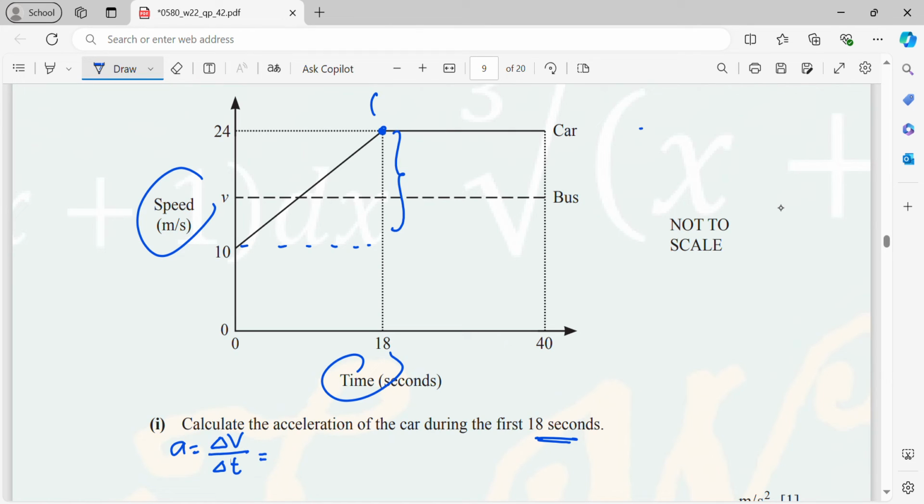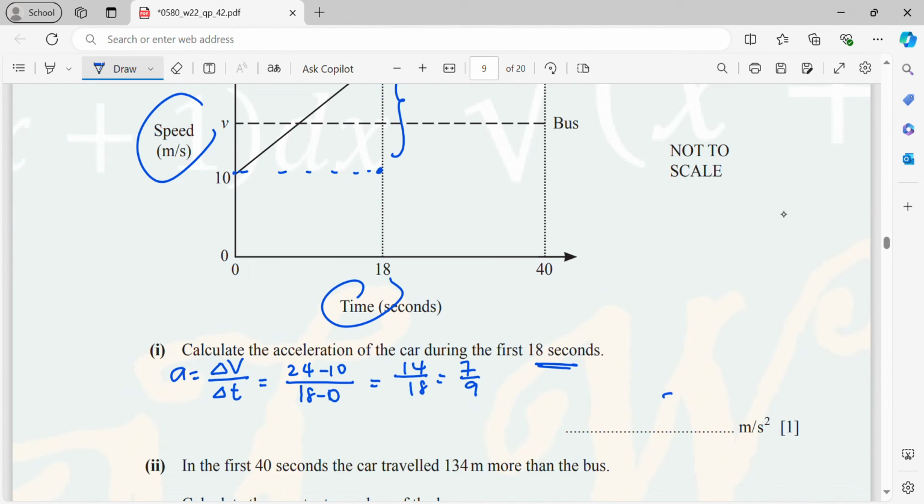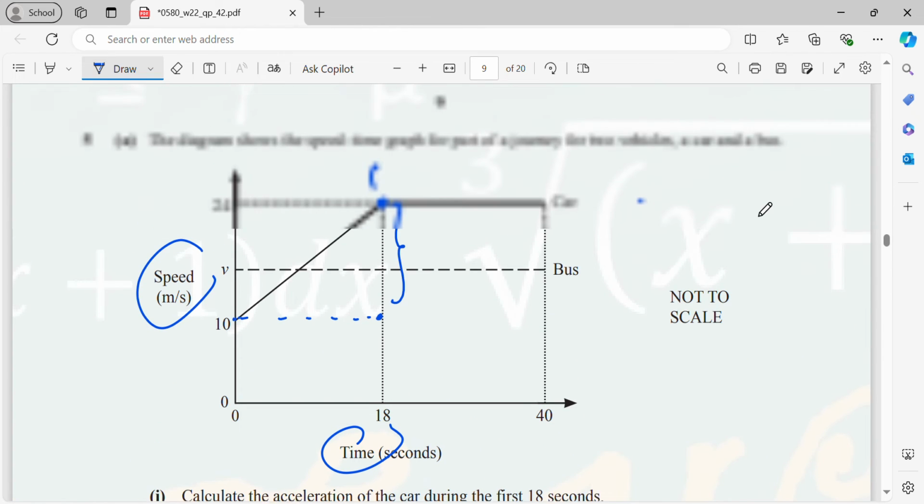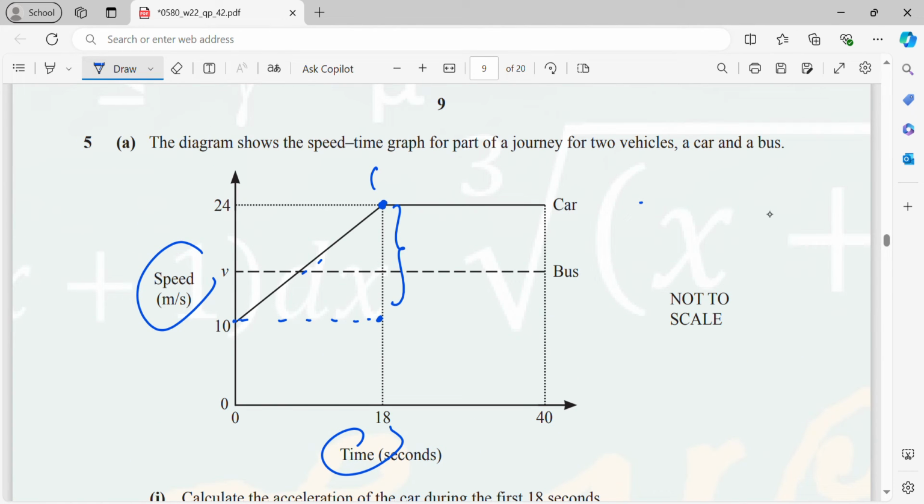So the change of V is basically 24 minus 10, the latest minus the initial, and the time is 18 minus 0. This is going to be 14 over 18, and I will get 7 over 9 meters per second squared. It is a positive value because it is a straight line with positive gradient.